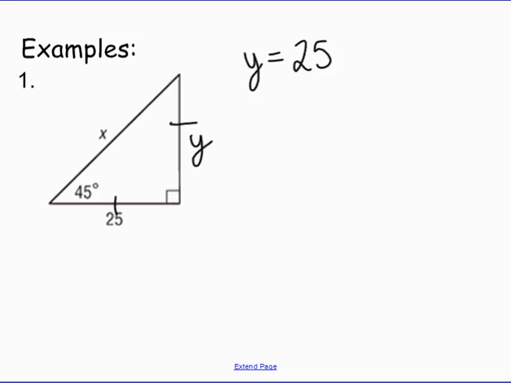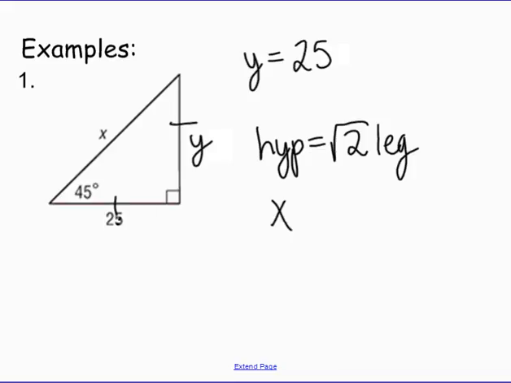If I'm looking at this picture, I'm going to take that leg and multiply by radical 2 to get what x is. Now the formula we have for this is hypotenuse equals radical 2 times the leg. That's exactly what I was saying. Whatever the legs are, that number times radical 2. So if I use the formula, sure enough, when I plug it in, that's what it's going to look like.